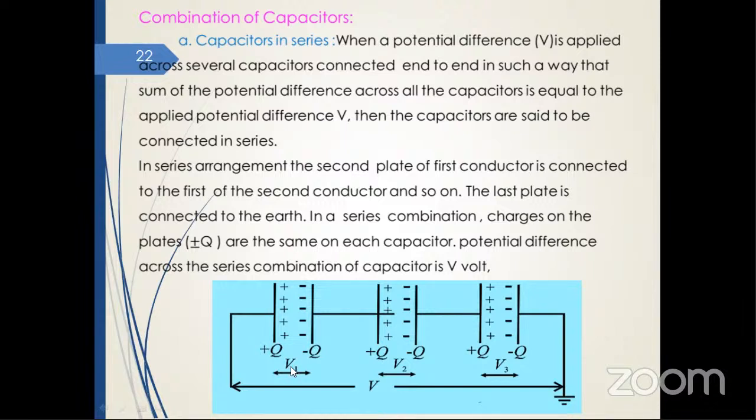See in this diagram, this V1, this V2 and V3. That means V is equal to V1 plus V2 plus V3. This is the basic condition when you arrange the capacitors in series.